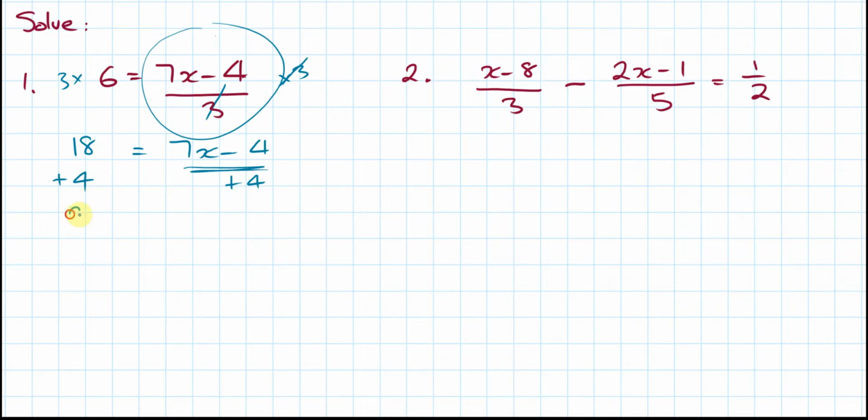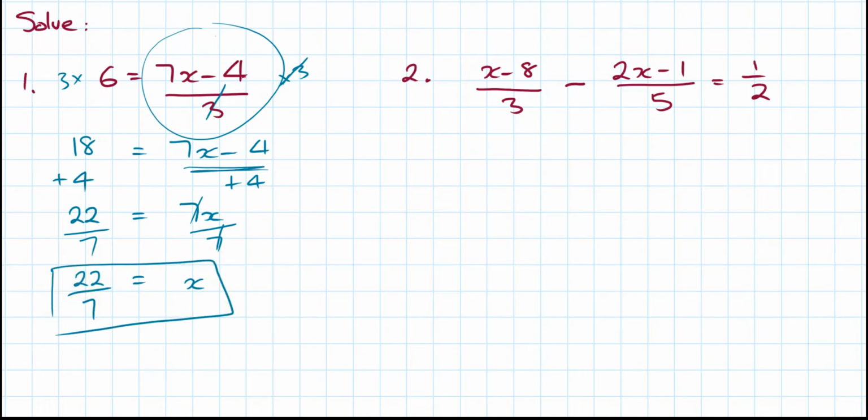So on the left hand side we get 22 equals 7x, and then it's just a matter of dividing both sides by 7. So if I divide this side by 7, divide that side by 7, these cancel and I'm just left with x is equal to 22 over 7. You can just leave your answer like that, that's fine.